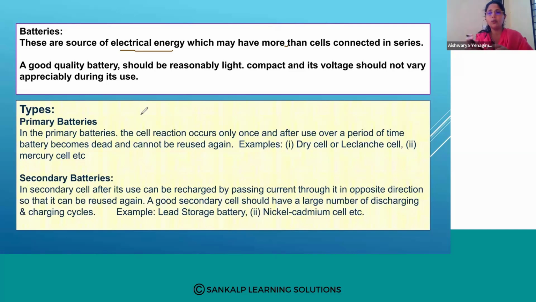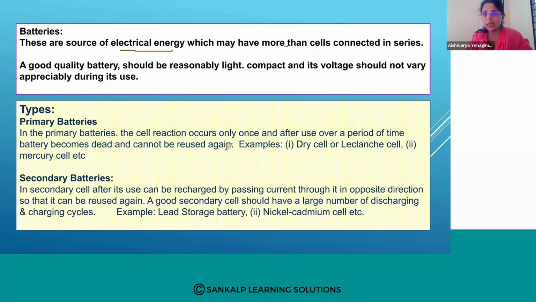Earlier you put in 2 cells and we used to play with that immediately. After some time, the cell would become dead. Even clocks also use batteries. So we call them primary batteries. They contain more than 1 cell. In primary batteries the reaction occurs only once, and after use over a period of time it becomes dead and cannot be reused again.